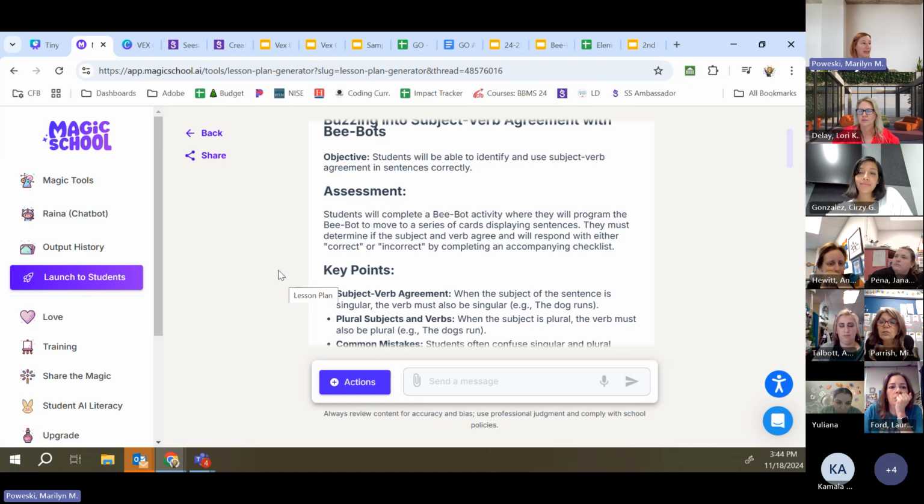So maybe on the screen, I've got like a Google slide that's either red or green. And if it's red, they have to drive to something that's incorrect. Or if it's green, they have to drive to one that's correct. How could I get students more involved in that process?